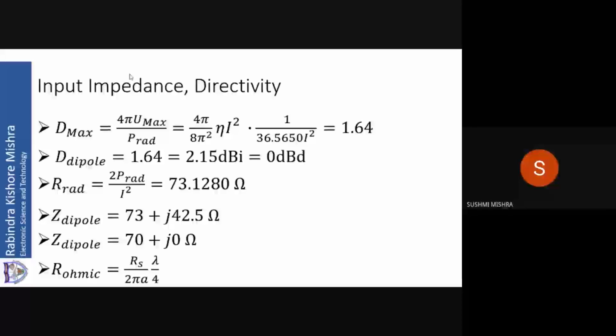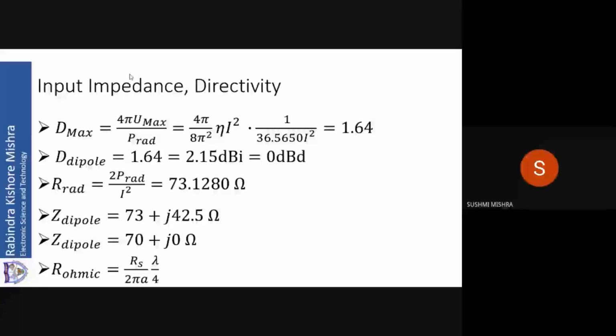Dipole with itself, dipole value is 1.64. So 1.64 divided by 1.64 is 1. Log of 1 is equal to 0. Therefore, dipole gives you 0 dBd. Small d indicates that the comparison is with respect to a half wave dipole.